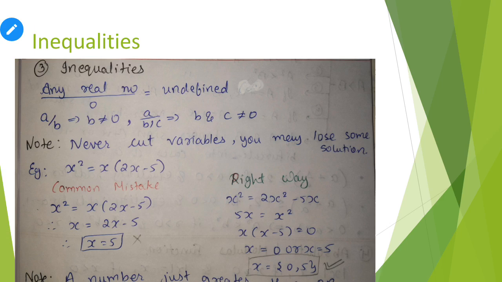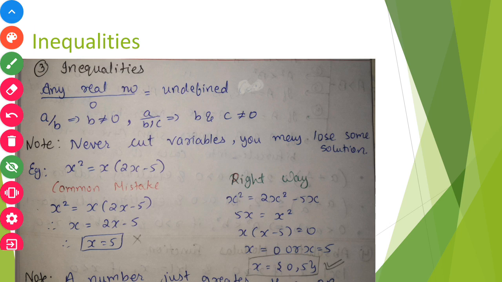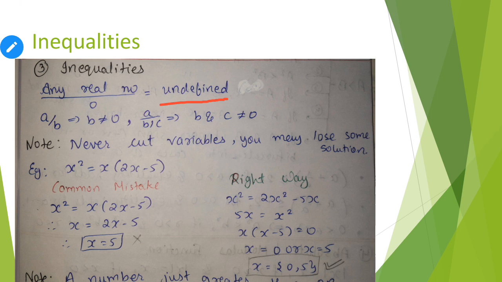So what are inequalities? Here, if we have any number and we divide by 0, what is the answer? We say that this is undefined. Any real number upon 0 is not defined. So we can write it as undefined or not defined.